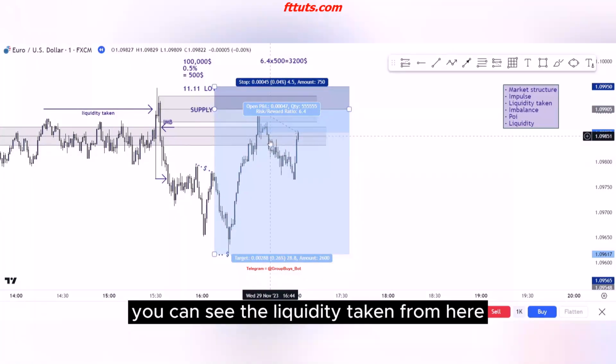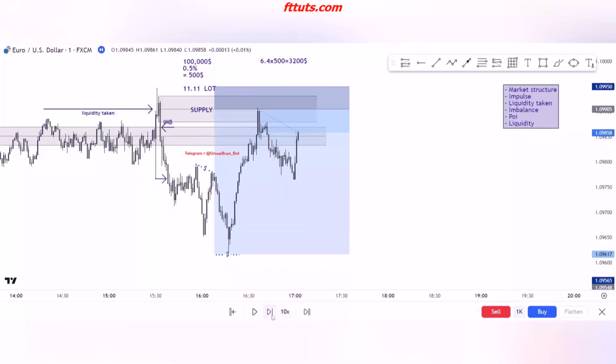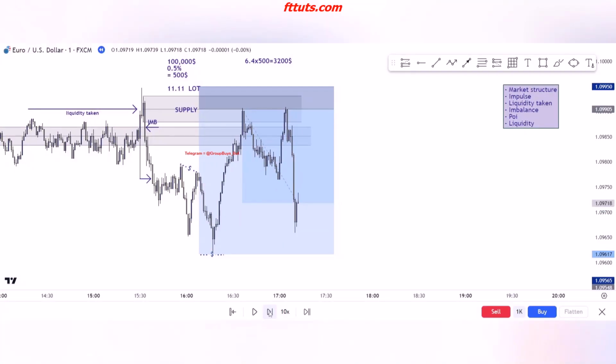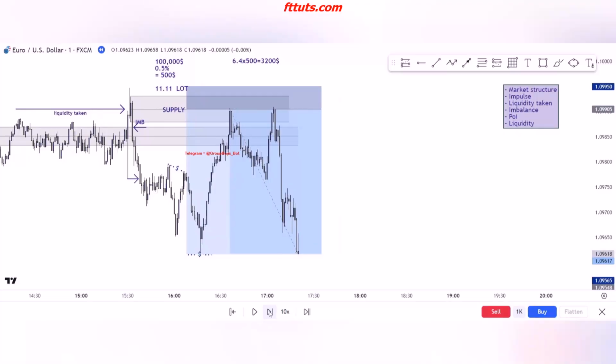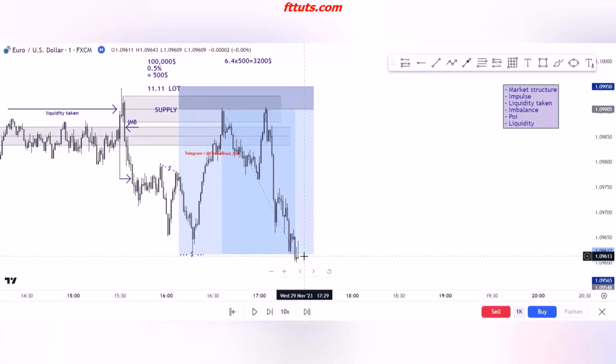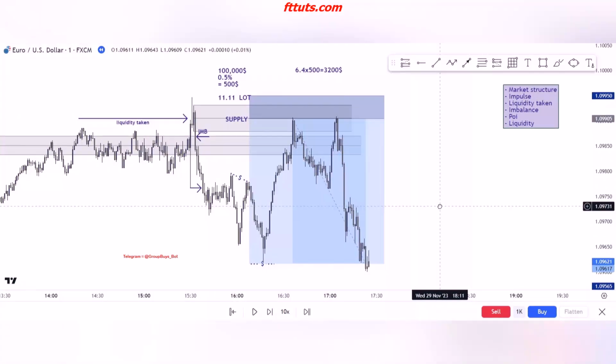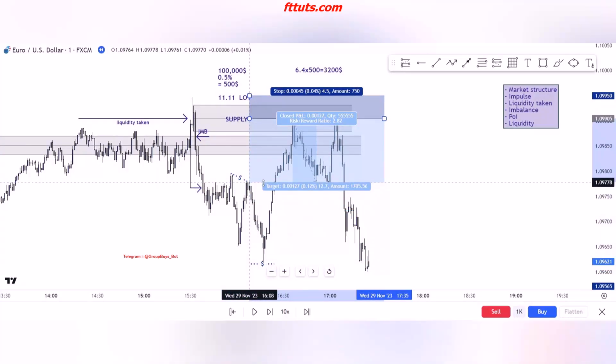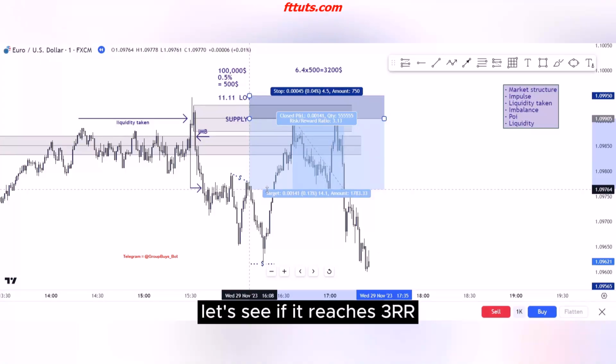You can see the liquidity taken from here. Let's see if it reaches 3R.